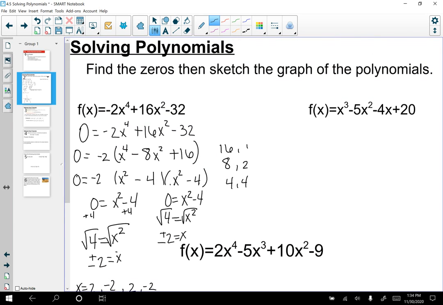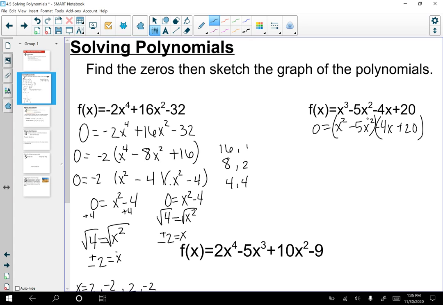Okay, so now we're working on this second one here. So I look at this and I think, what is the best way to do this? Well, first I need to set it equal to 0. And now I see it has 4 terms, so I'm going to go ahead and go factor by grouping.